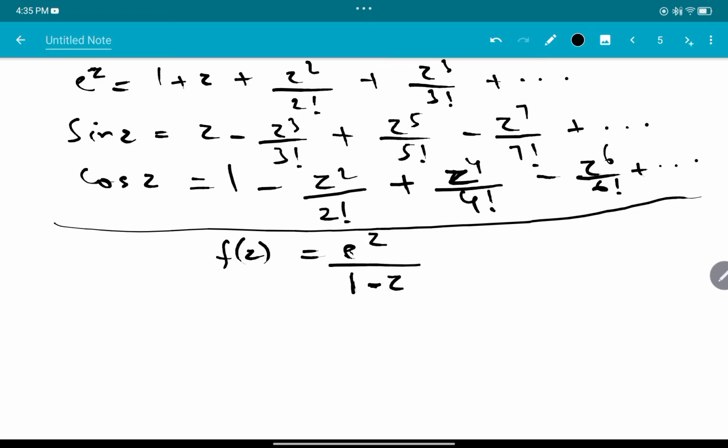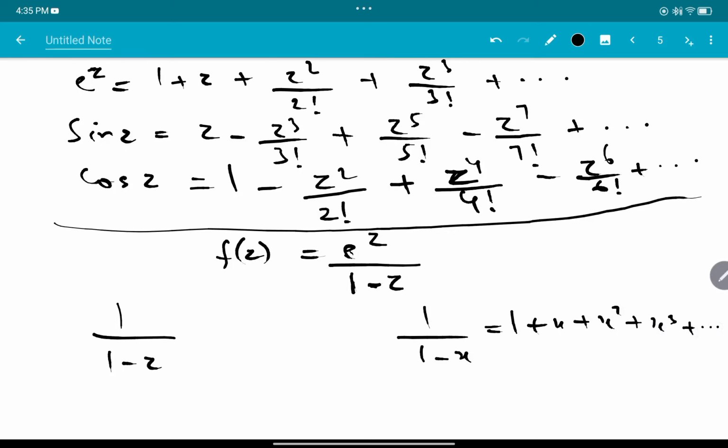Now you have 1 minus z here. Look at this, 1 by 1 minus z. This reminds us of that geometric series 1 by 1 minus x, which is equal to 1 plus x plus x square plus x cube plus dot dot dot, provided of course mod x is less than 1, as the sum of this infinite geometric series.